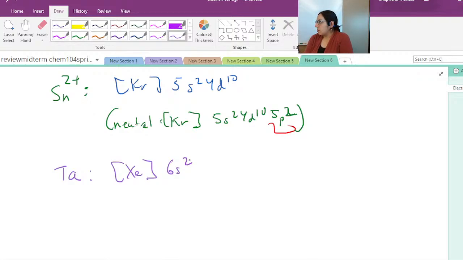What are we thinking? What did we write? So 4f, and then it's 14 though, because you only have 14 in the f. And then go back, so 6s2, 4f14, and then what do we need to finish up on?